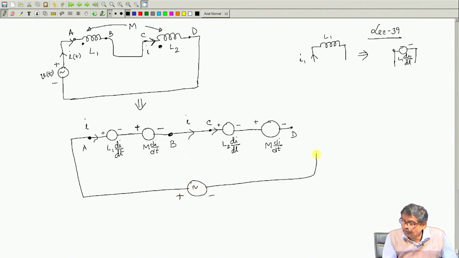Because mind you, to find out currents in a circuit, you have to write down the KVL. Then if it is an algebraic equation, we handle it algebraically; if it is a differential equation, we handle it as differential, and we now know how to handle them.